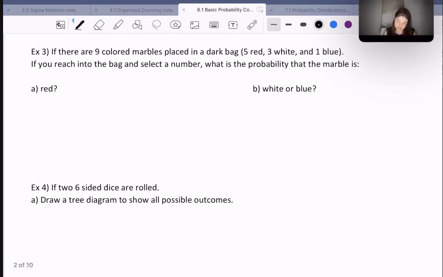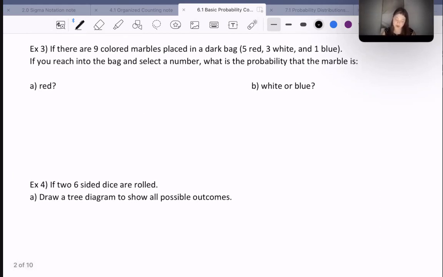Let's move on to example 3. Example 3 says, if there are 9 colored marbles placed in a dark bag, 5 red, 3 white, and 1 blue, if you reach into the bag and select a number, what is the probability the marble is blank? Okay, I assume they mean select a marble, not select a number. That would make a lot more sense.